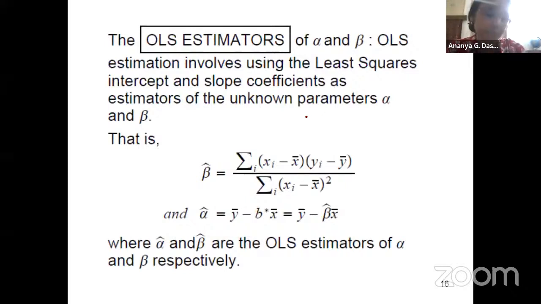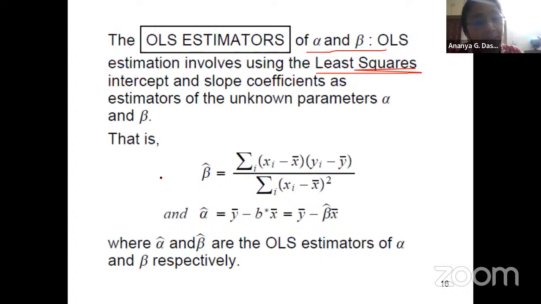So in the 2 variable model, let me be very specific. I'm talking here about the 2 variable model before I come to multiple regression. The OLS estimators of alpha and beta essentially use the least squares intercept and slope coefficients.